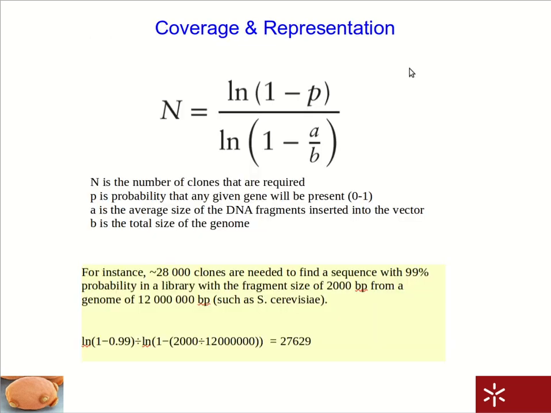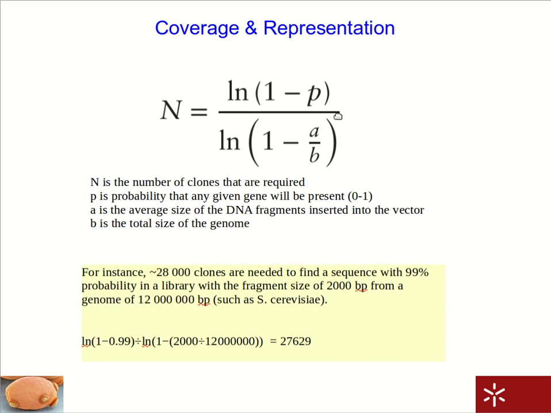Coverage and representation are important properties of a DNA library, and we can use this equation in order to calculate the number of clones that are required in our library. This number depends on the probability that we require for the presence of our gene, the average size of each DNA fragment in our vectors, and the size of the genome.